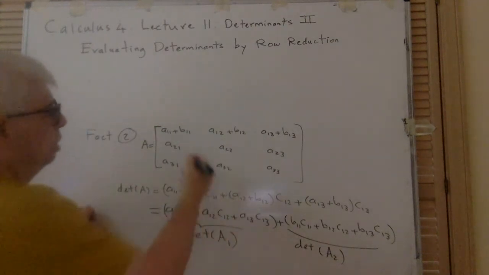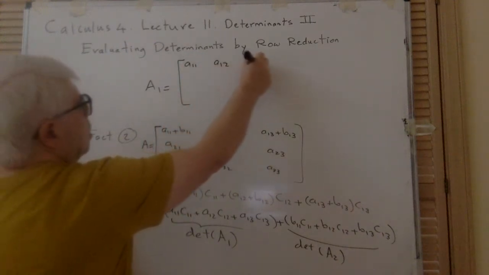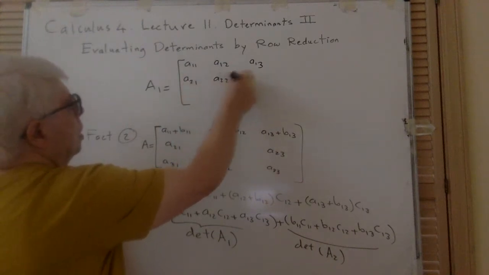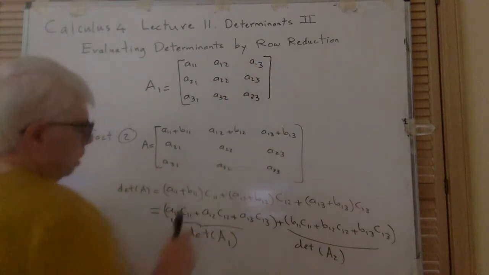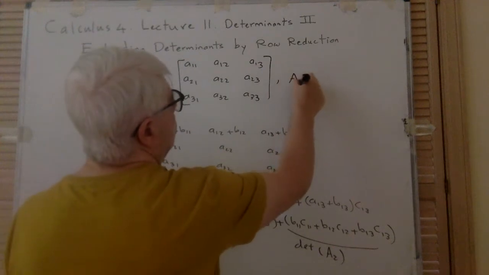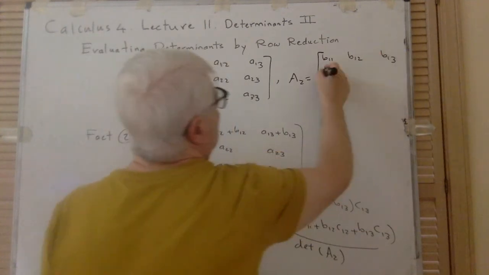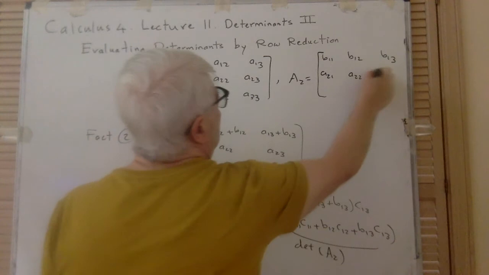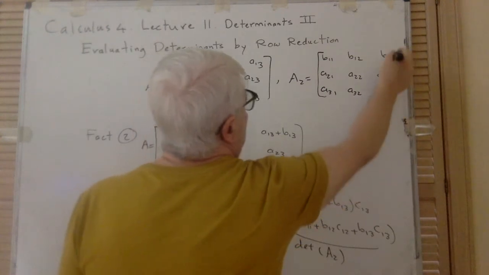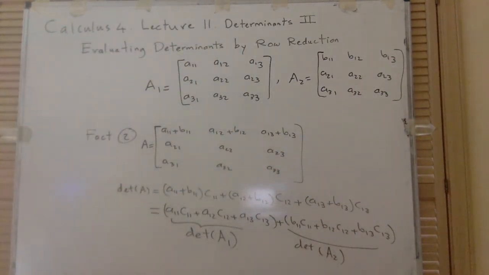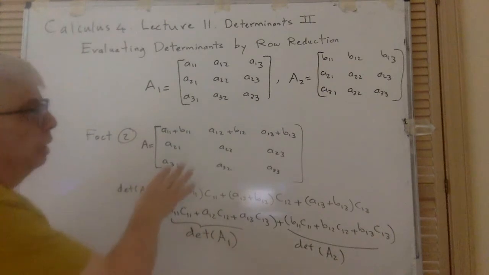You can guess by looking at this. A1 is just the matrix with first row A11, A12, A13, and A2 you can guess is the one with the first row B. So this one plus this one is not A. I'm not decomposing A in this formula.